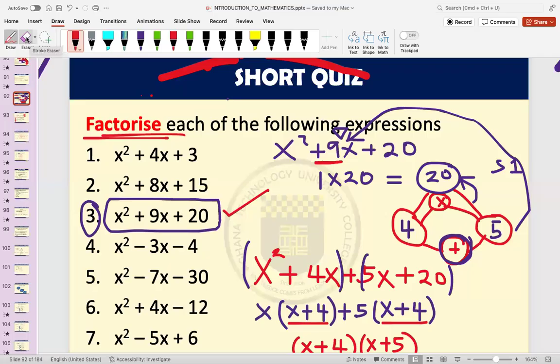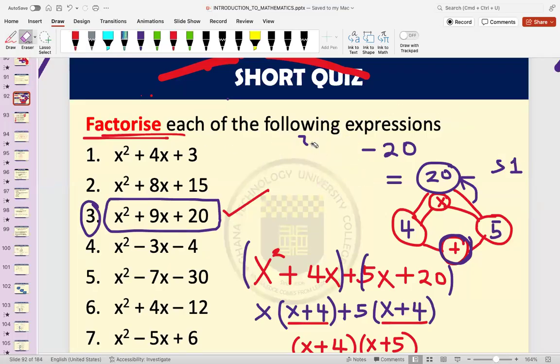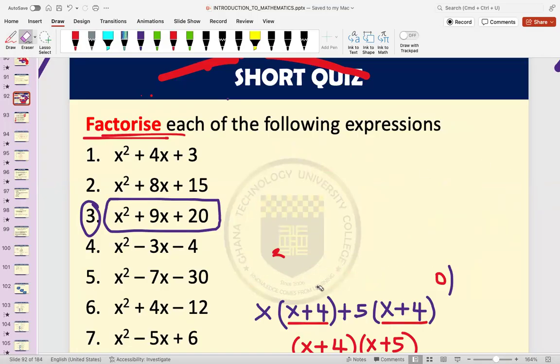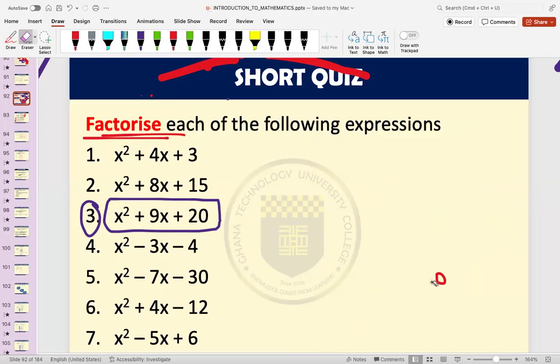So are you going to bring the bracket, the one in the bracket first before you put the x plus 5 into the bracket? Yes, any of them can come first, but in order to maintain consistency, we always do what we know before we do what we don't know, isn't it?